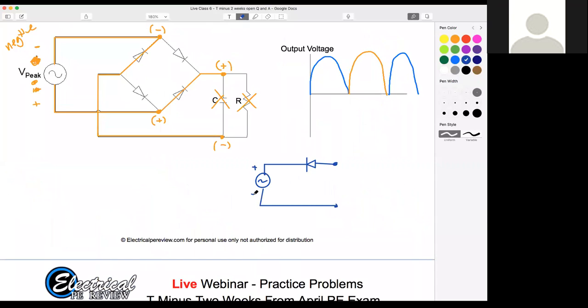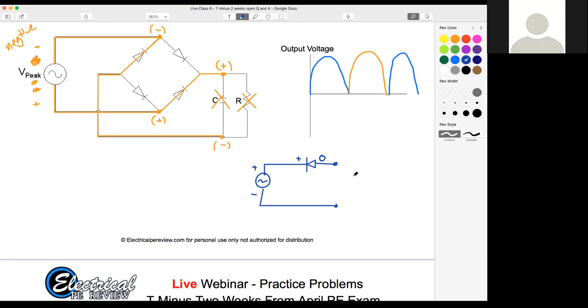So anytime my input is positive, is this diode going to be open or closed? Because essentially I have a positive voltage here and a 0 voltage here since it's open. So Catherine, since you asked, when my input voltage is positive, the way this diode is laid out, would this diode be open or would this diode be closed?